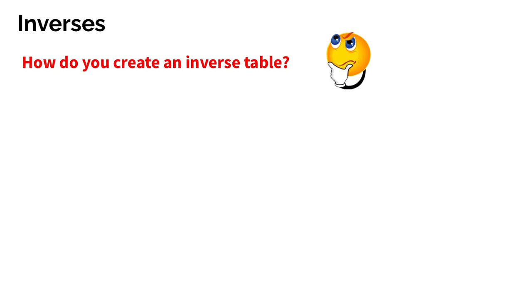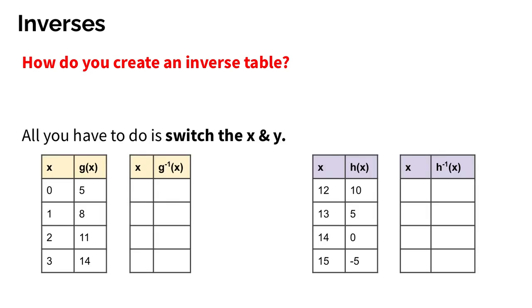So first thing, how do you create an inverse table? Well, here's an example of a couple of tables, and we're going to try to come up with the inverses. All you have to do to figure out an inverse table is switch the x values and the y values. So if you look at this first example, where we have the yellow background, the first thing that I'm going to do is just switch the x's and the y's, or in this case, switch the x's and the g of x's.